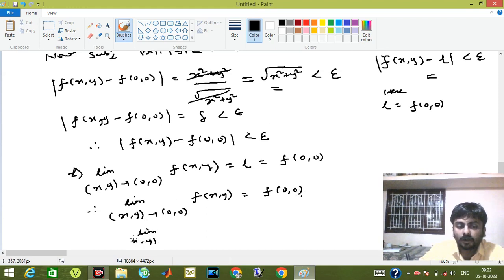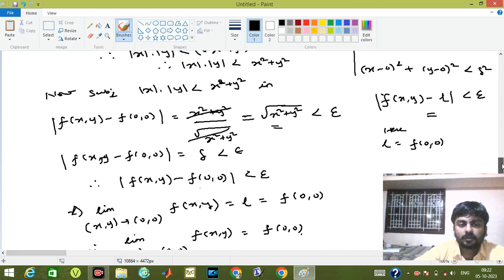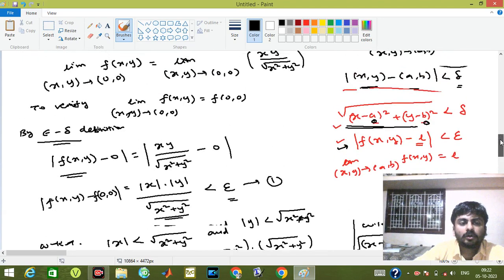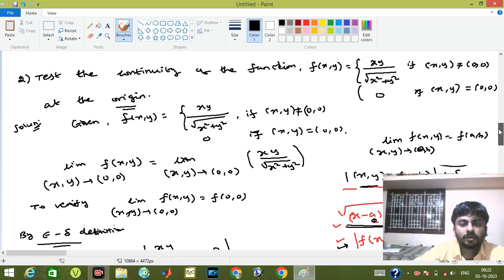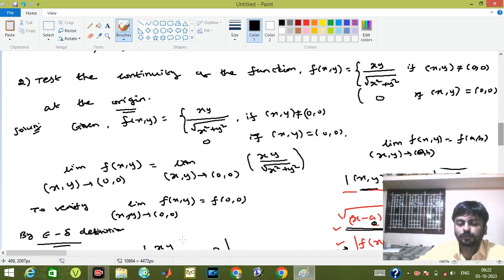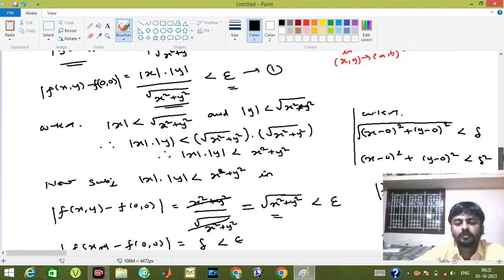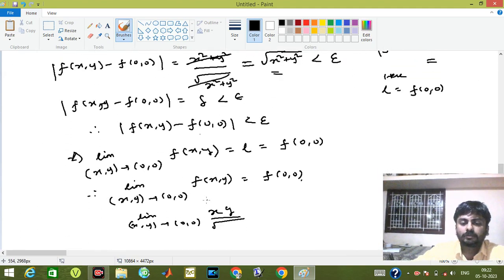I think the question will be xy divided by root of x square plus y square.